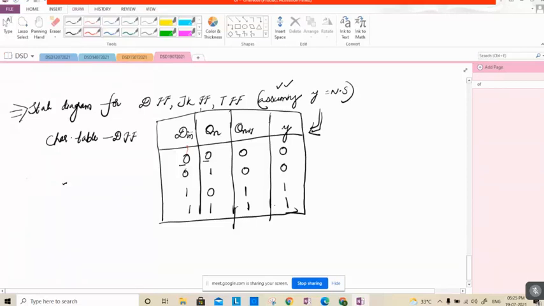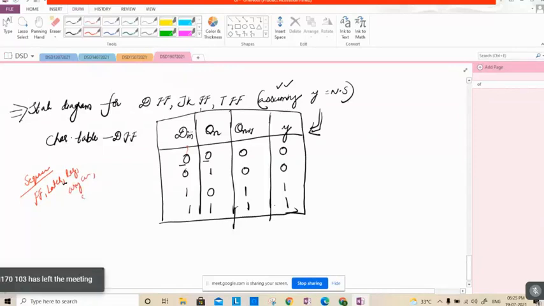Some people memorize like this: what is meant by sequential circuits? They will say that a flip flop is a sequential circuit, a latch is a sequential circuit, a register is a sequential circuit, an asynchronous counter is a sequential circuit, a synchronous counter is a sequential circuit. Is this wrong? Is it right or wrong?